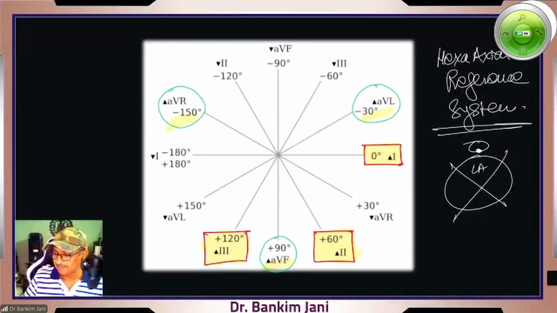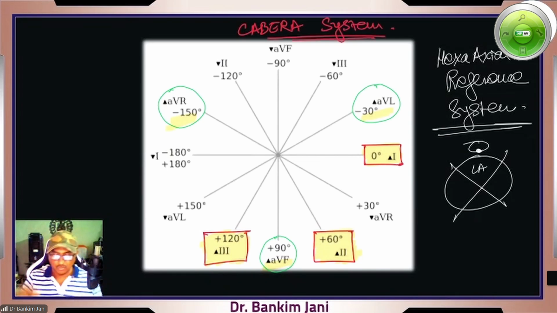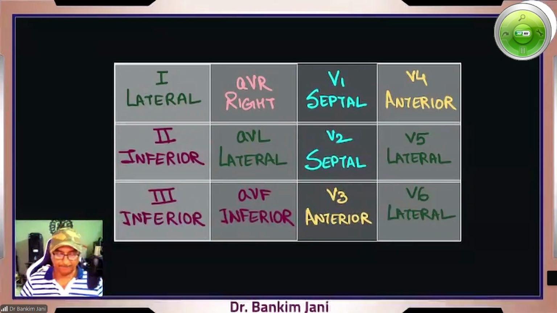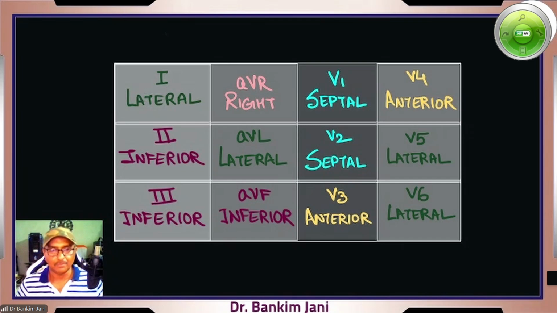This is the Cabrera system. The Cabrera system is nothing but all the limb leads represented on one image only. This is what you have to always remember. Nothing new, nothing difficult at all. Say, this makes sense.